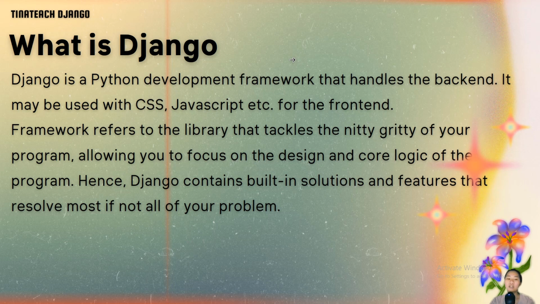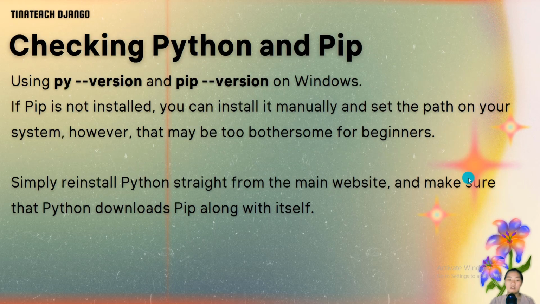And the framework in the Python development framework refers to the library that tackles a lot of the overly complicated stuff that takes away your time to focus on the design, the core logic, or what you're trying to achieve with your program or website. Hence, Django contains a lot of built-in solutions and features that resolve most, if not all, of your problems. The only thing that you need to do is learn how to use Django. Okay, let's move on to the next part.